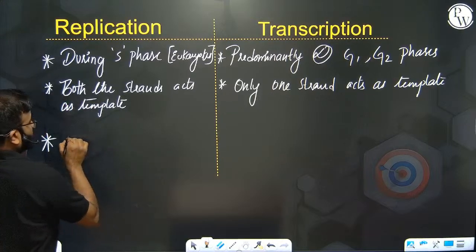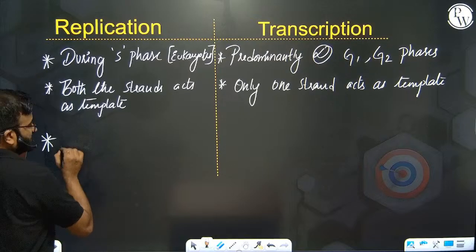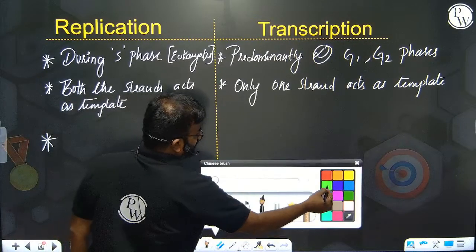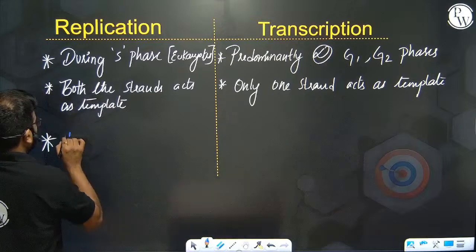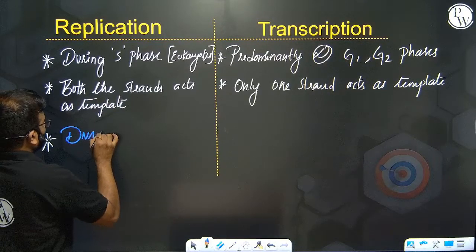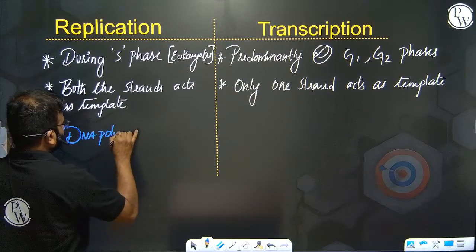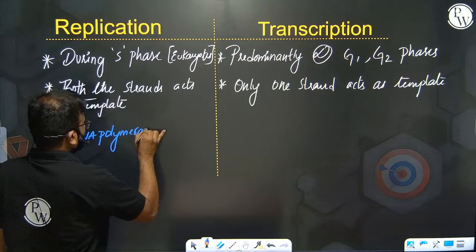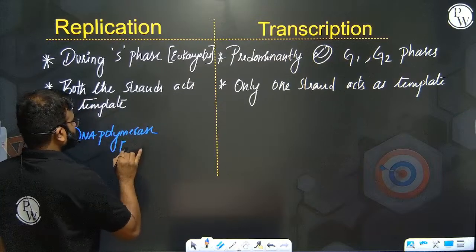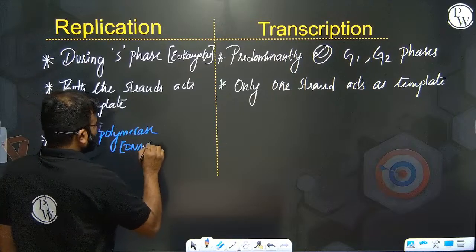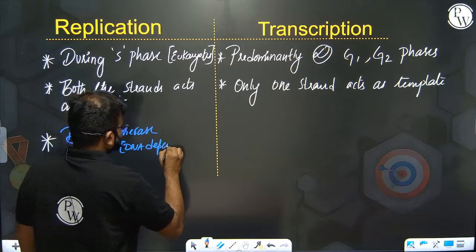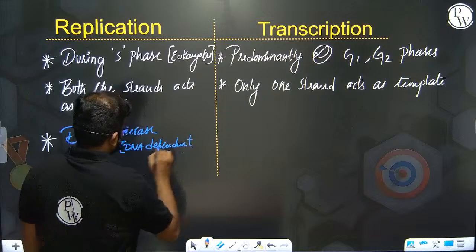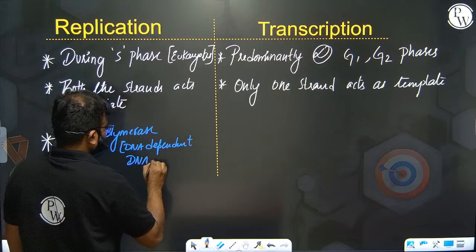And who carries out the replication process? It is our DNA polymerase, which is called DNA dependent DNA polymerase.